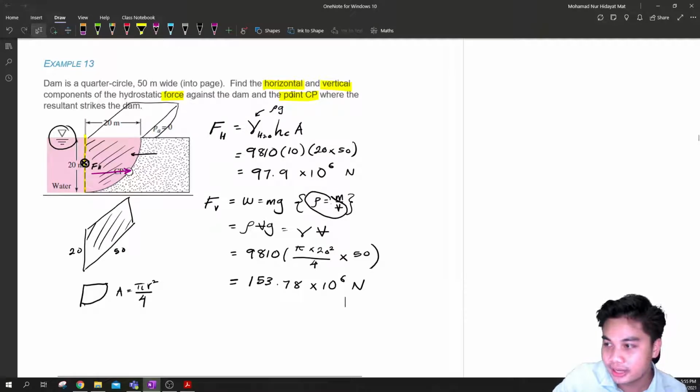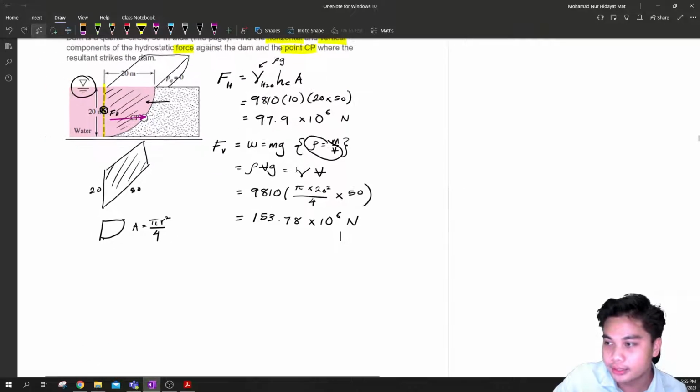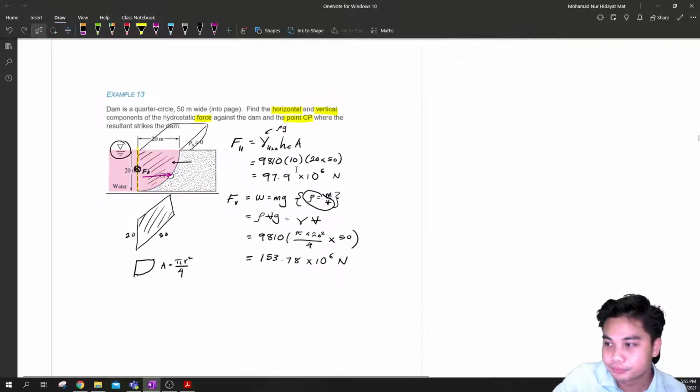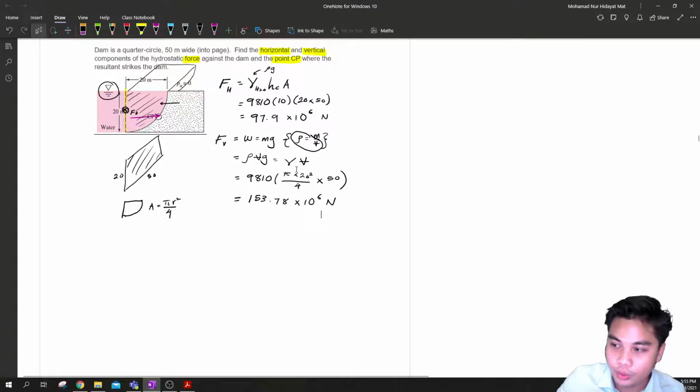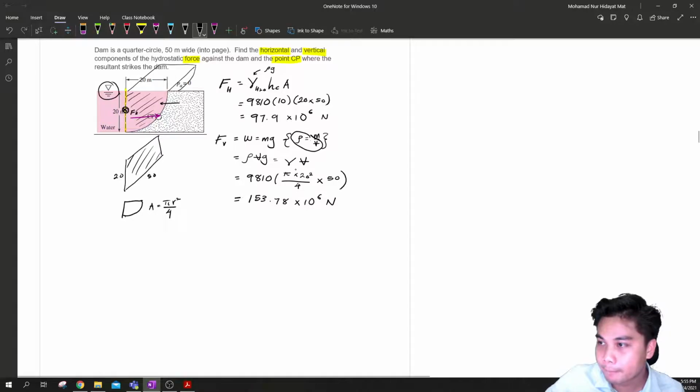So the question asks for the locations. Alright, means the direction. So how to get the direction? Okay, so what to do next is we need to find the, okay, let's say this is the FH. Where is the location of the horizontal force? In this direction.